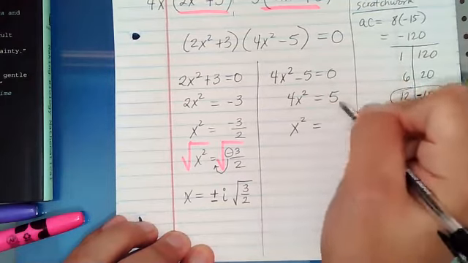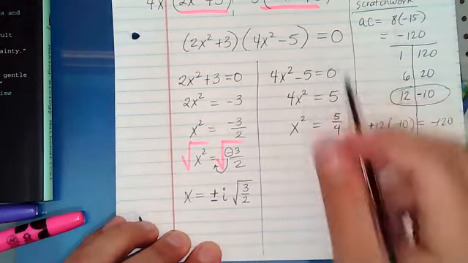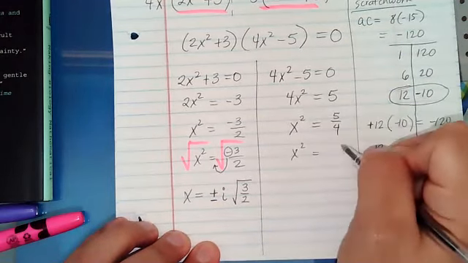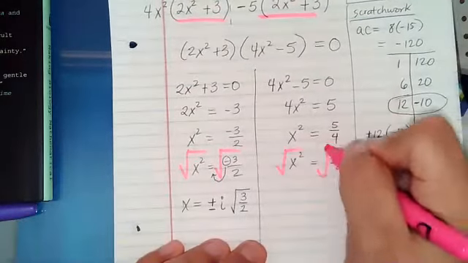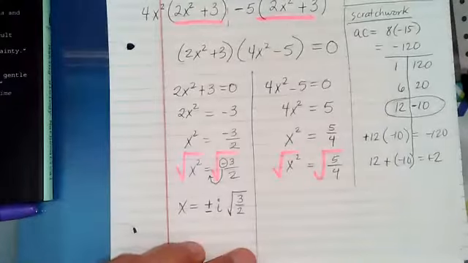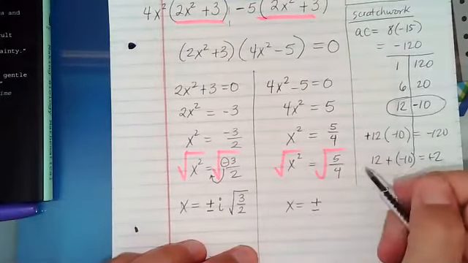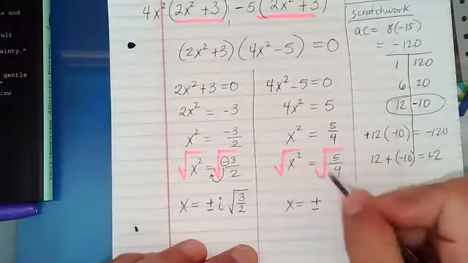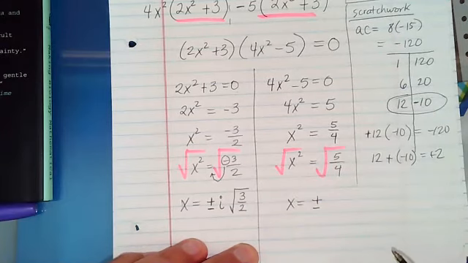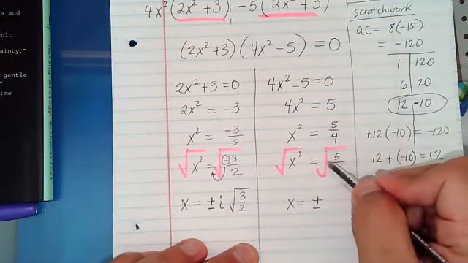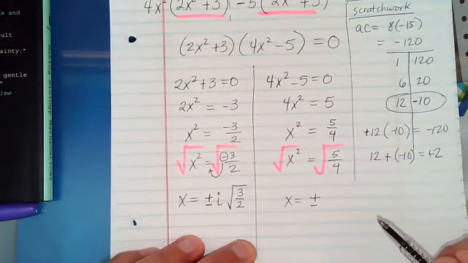We're going to divide the 4 over to the other side, so you get 5/4. We're going to write the problem one more time because we need to take the square root of both sides, like so. And then we get x is equal to plus or minus. Again, there's no need for an i here because we don't have the square root of a negative number. But while we can't take the square root of 5, you can take the square root of 4.